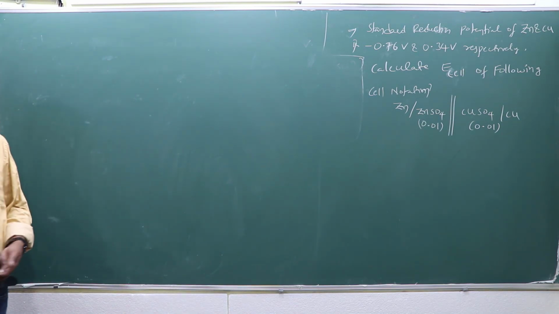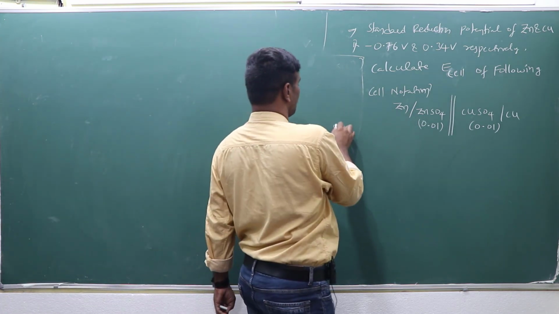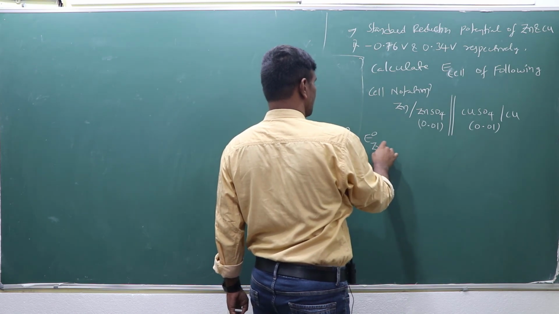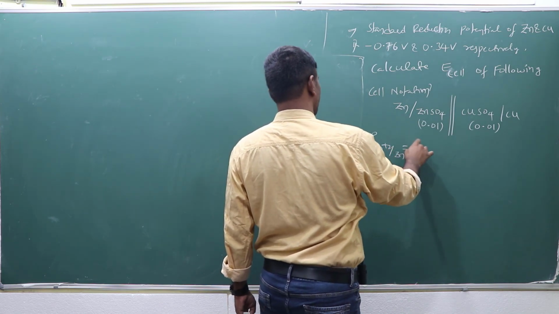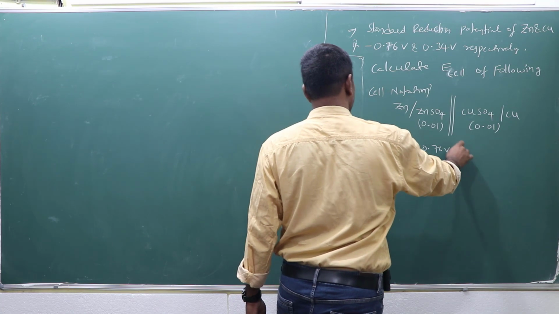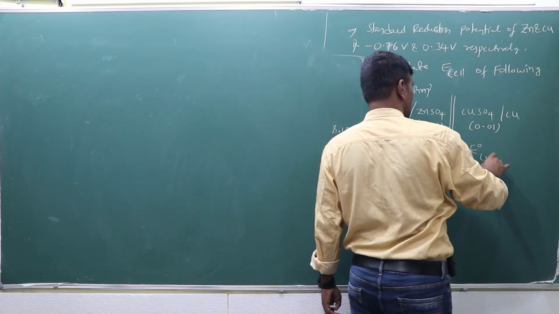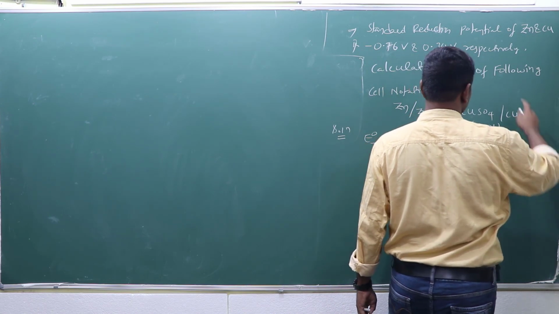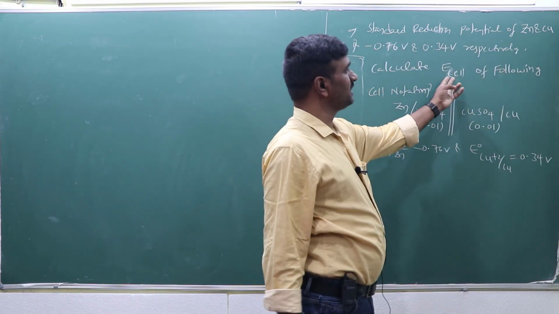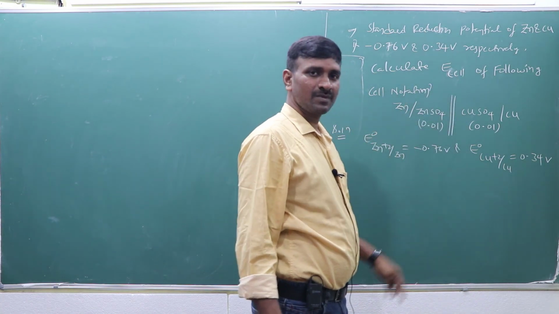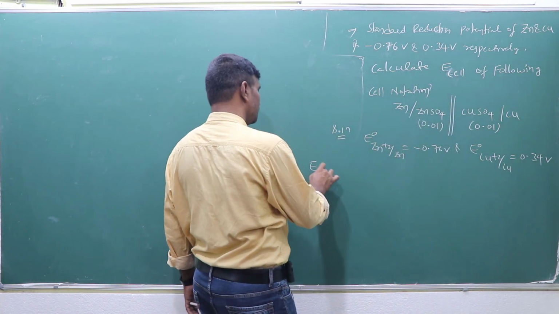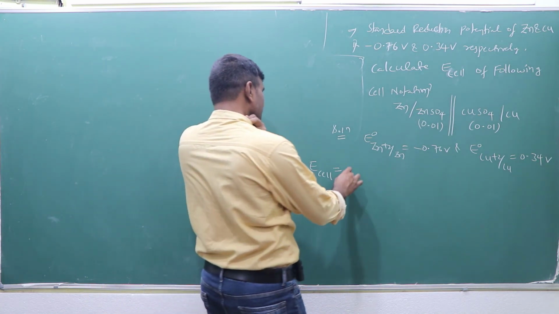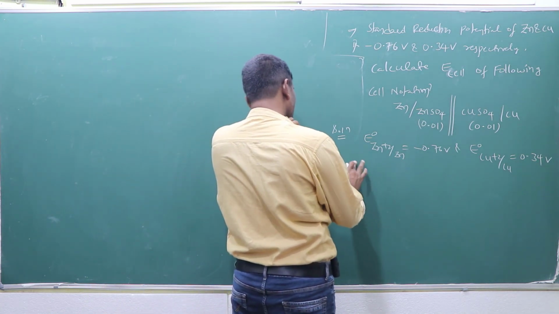Standard reduction potential of zinc is given as minus 0.76 volts and standard reduction potential of copper is given as 0.34 volts respectively. You calculate E cell of this following cell. According to the Nernst equation, E cell is equal to what?